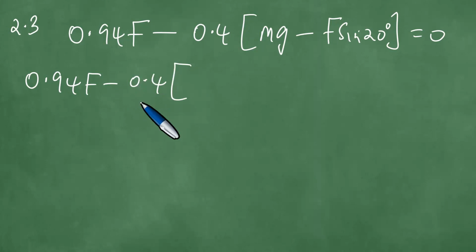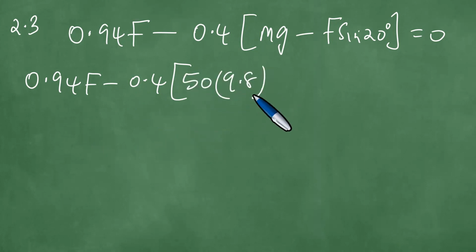What is the mass? The mass is 50 kilograms into 9.8 meters per second squared minus F sine 20.